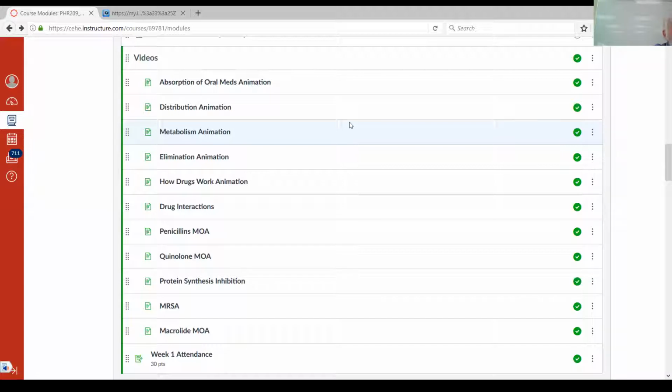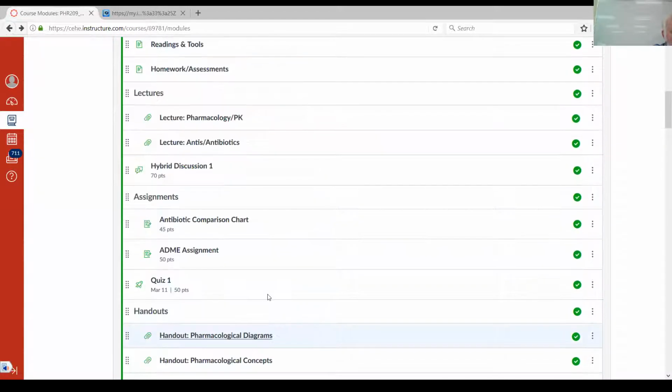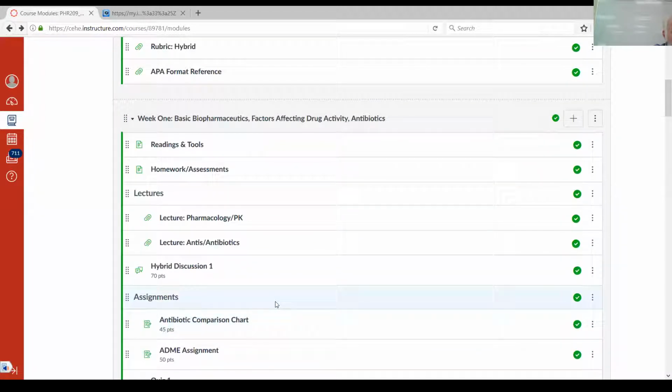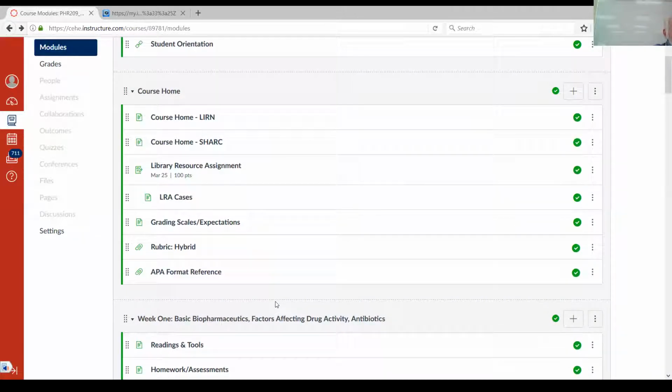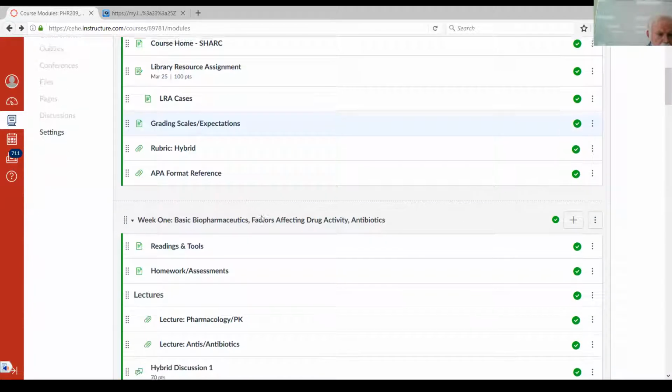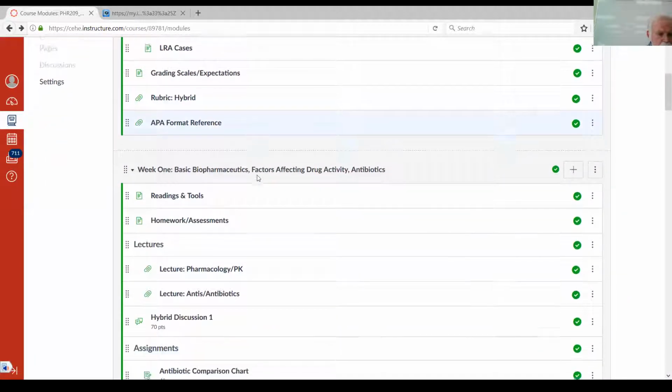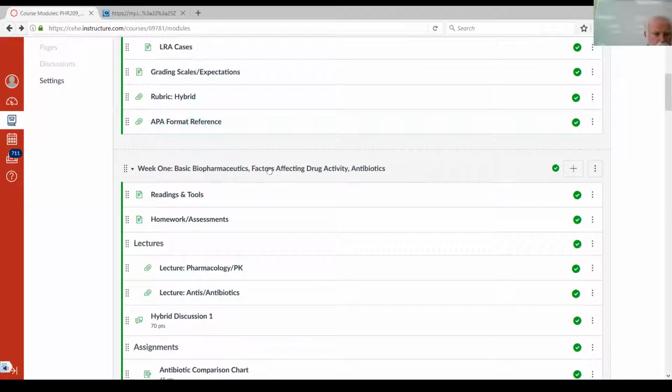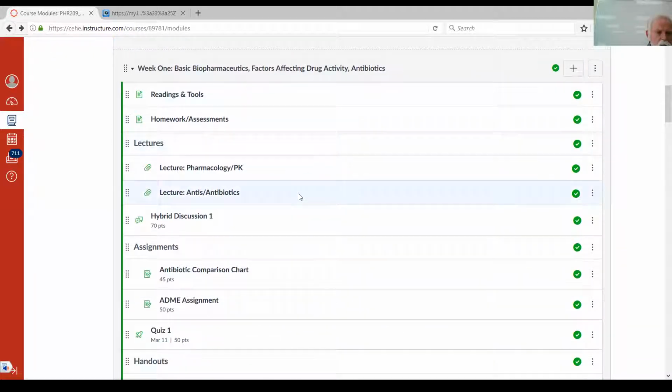So let's take a look first at the course shell and just do a quick look at the class. We'll talk about the LRA probably after the first break, because I think I want to get through this first.